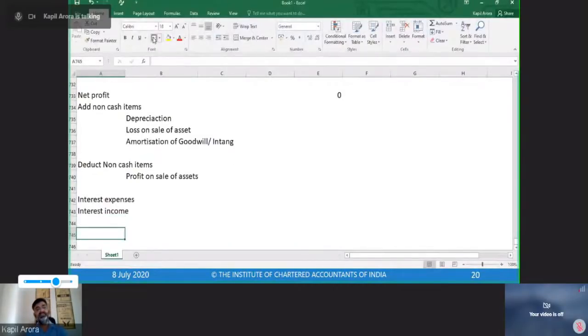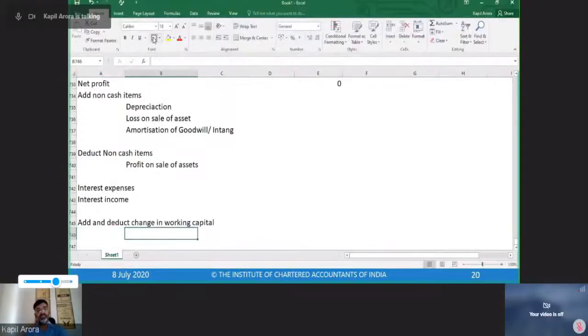Once we get that, after this, we add and deduct the change in working capital. For example, my change in inventory.